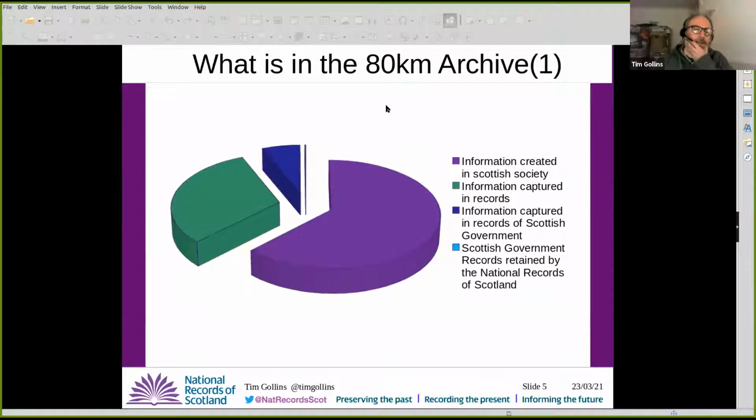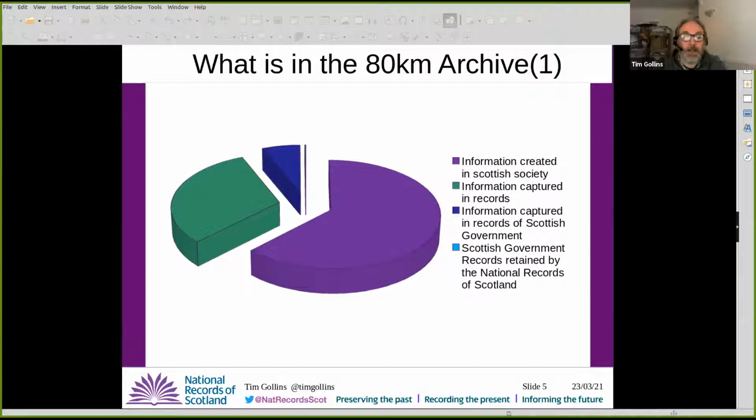So let's have a little look at what an archive actually is. If we think about the 80 kilometers of shelf space that I'm responsible for making sure doesn't disappear, what's actually in that stuff? Well, this is indicative. This isn't a quantitative graph, but it is qualitatively accurate.